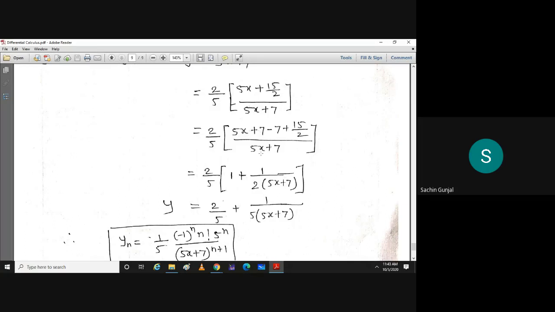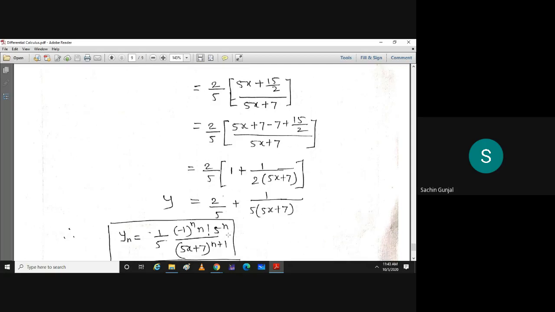So 5x plus 7 upon 5x plus 7 will become 1. Plus if you do this calculation, minus 7 plus 15 by 2, 1 by 2 into 5x plus 7. So this whole thing will become 2 by 5 plus 1 by 5 into 5x plus 7.